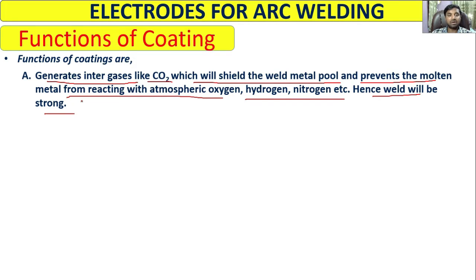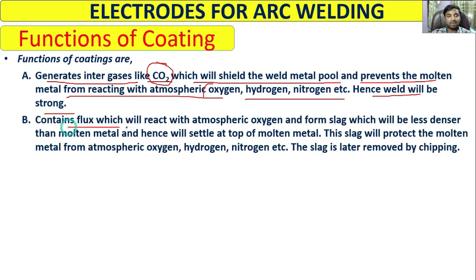When the arc is generated, it produces CO2, which shields the weld metal, so it protects the weld metal pool. If it is not protected, what will happen? It can be contaminated with oxygen, hydrogen, nitrogen, and some portion of air. So the quality will not be strong. That's why the weld needs to be shielded by the CO2 gas.